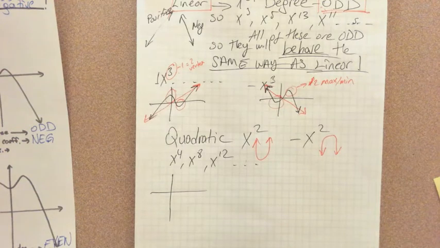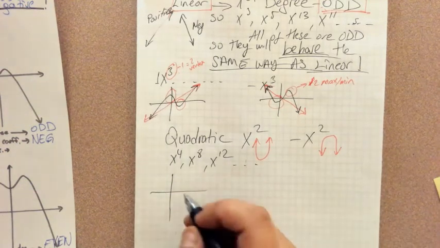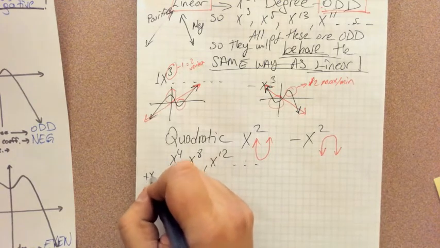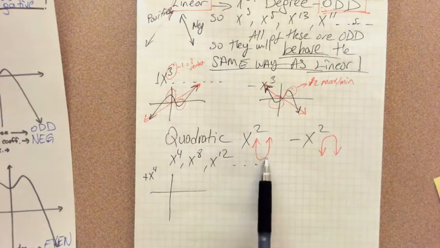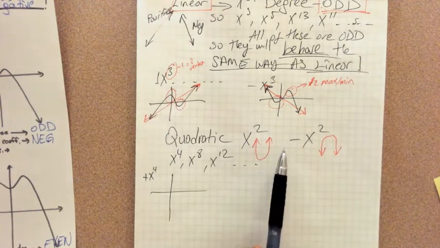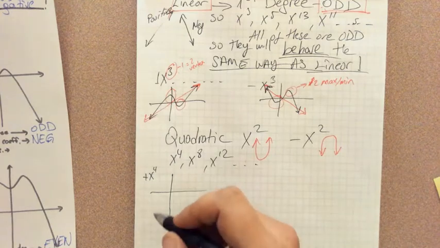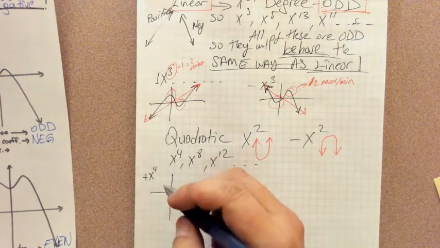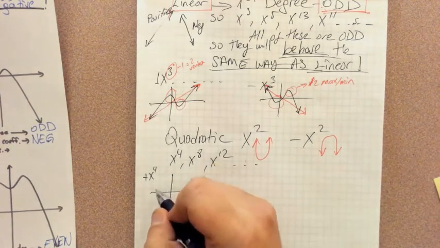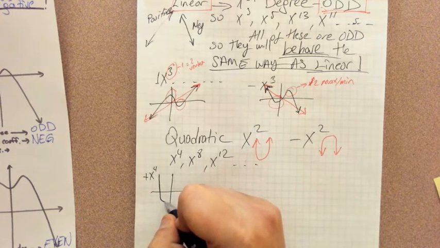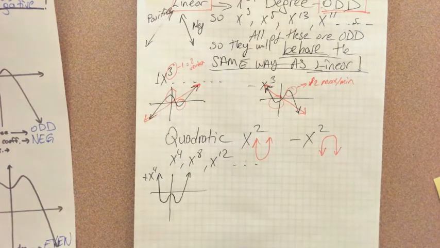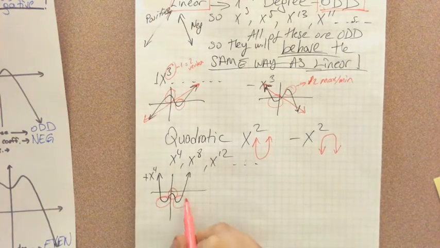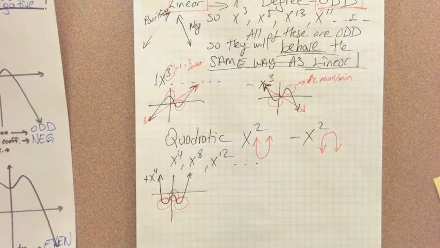So 4th degree should give me, and let's put it as positive x to the 4th. Because it's positive, it should point upwards, just like in quadratic. But I should have 3 maximums and minimums, or vertexes, so I should have something like this. Obviously, I'm making these graphs as symmetric as possible, so it's easier to see.